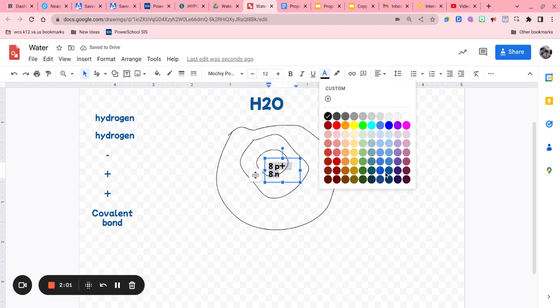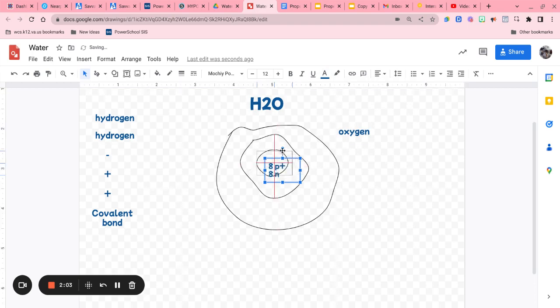Okay, so there is our nucleus, and that's also what gives us our atomic mass or our mass number. So it would be 16.